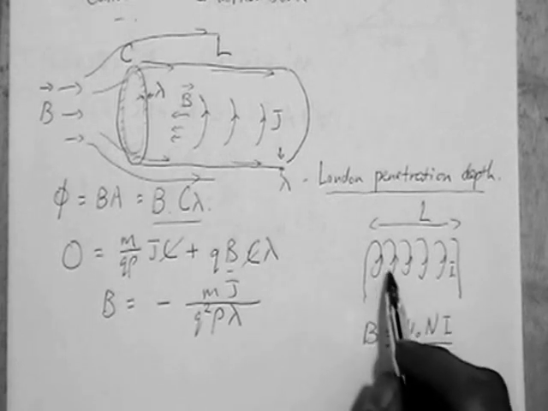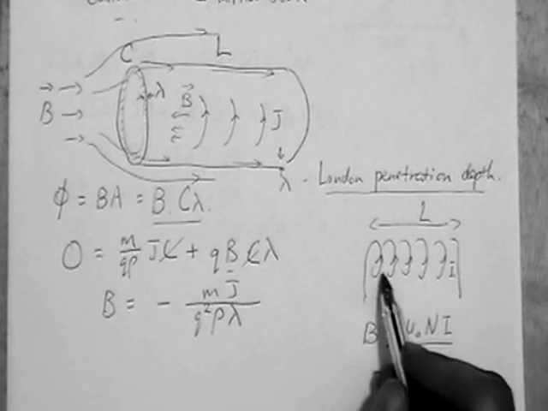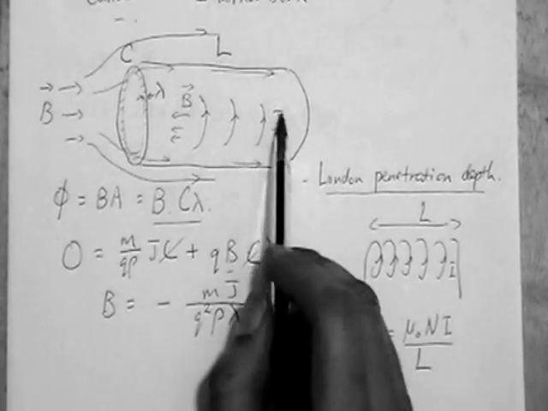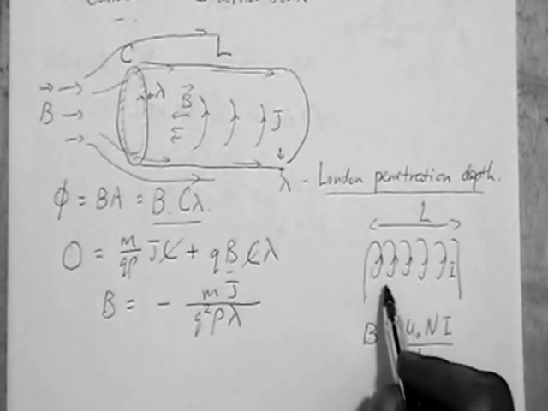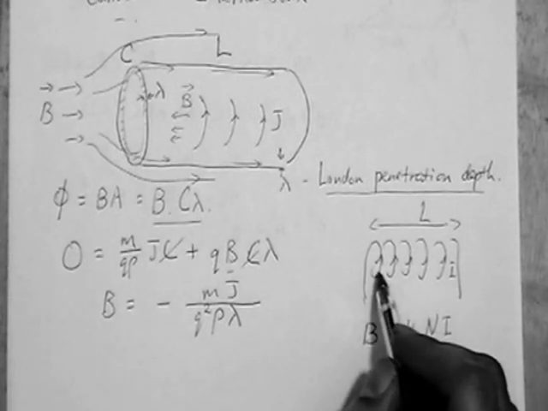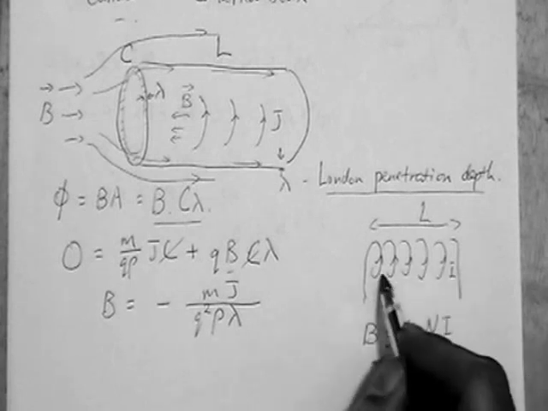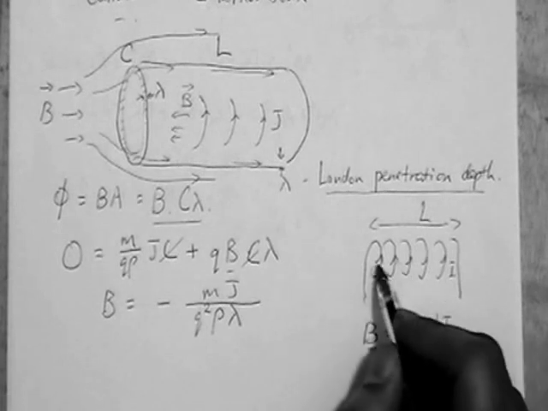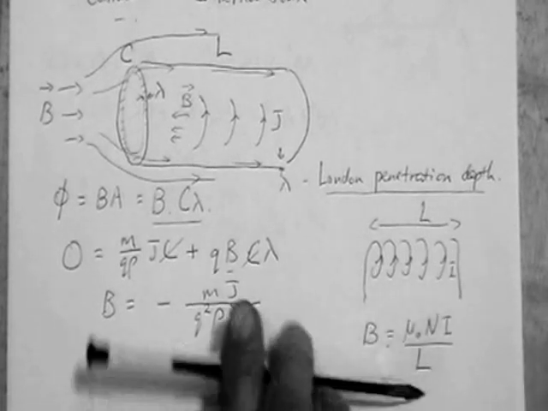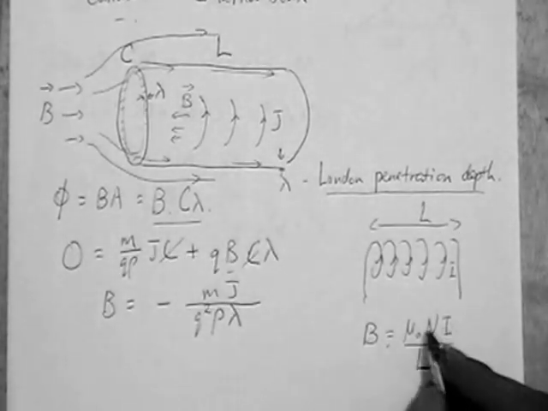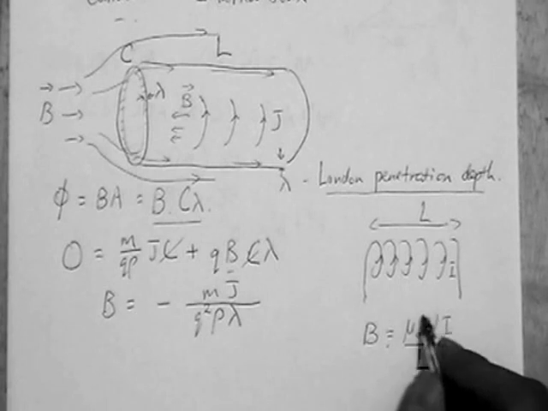Now if we think about this current as corresponding to this current density, then we need to consider all of the currents that are going around at the same time, and the total current that goes around the surface of the solenoid is in fact Ni.